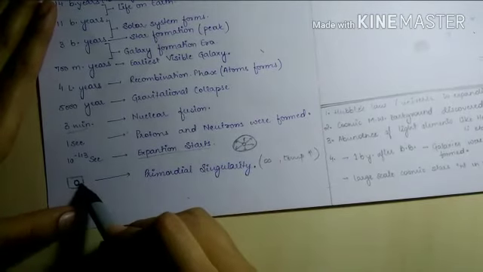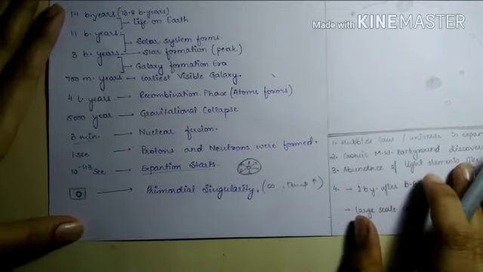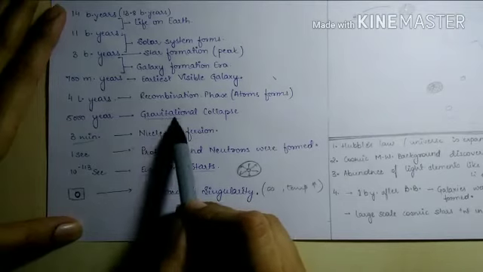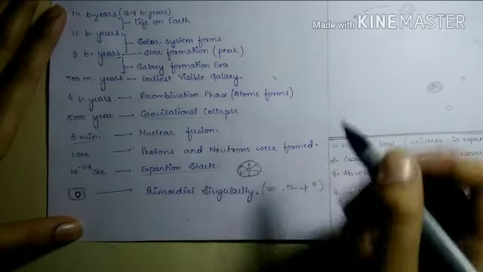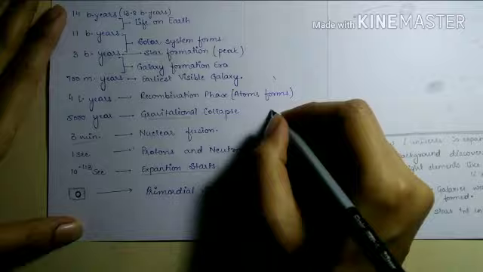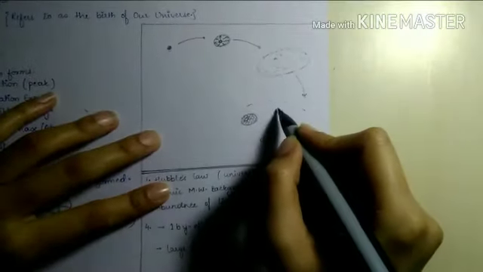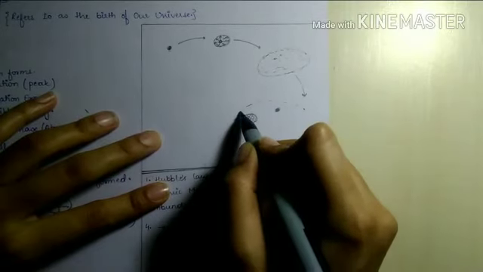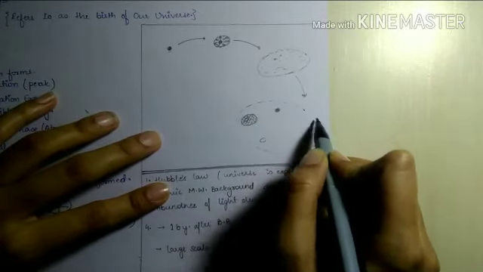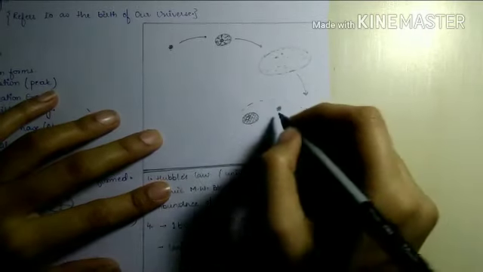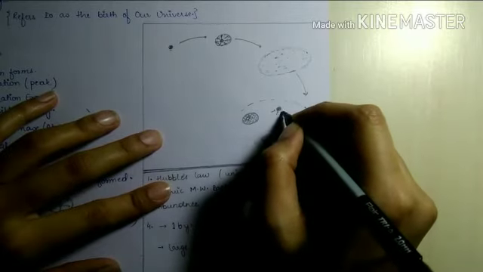After 5,000 years of this expansion, the process of gravitational collapse started. As I told you guys, the matter which was not so uniformly distributed, or which had a bit higher density than the other matter, started to attract others.